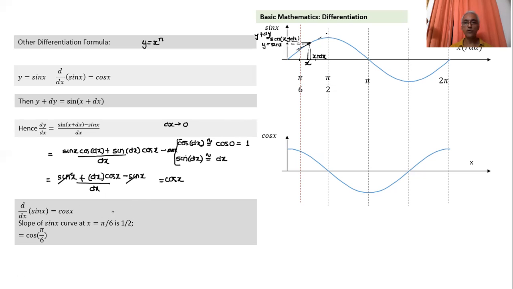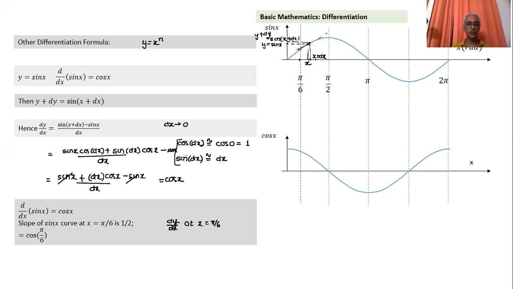So let's understand. Suppose I want to find the slope of the tangent drawn at x equal to pi by 6. Can you find the slope of the tangent here? What is the slope of the sine x curve at x equal to pi by 6? Basically, what is dy by dx at x equal to pi by 6?